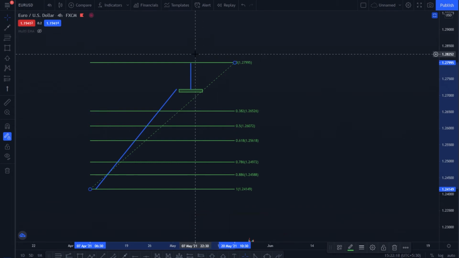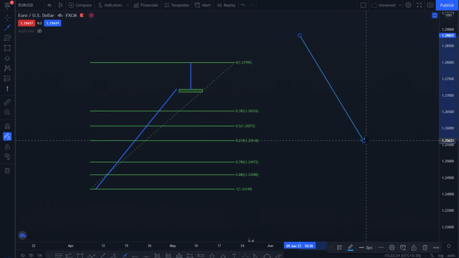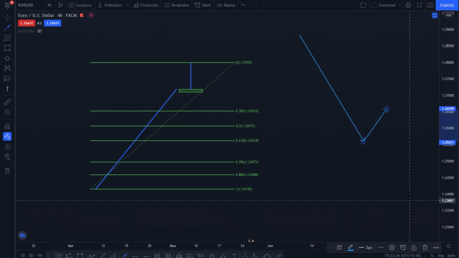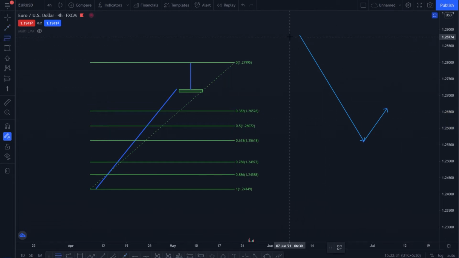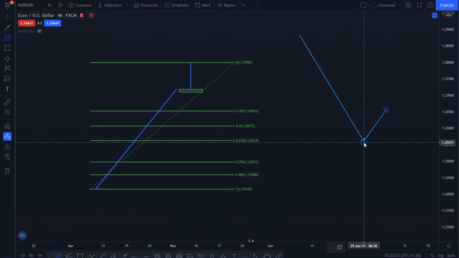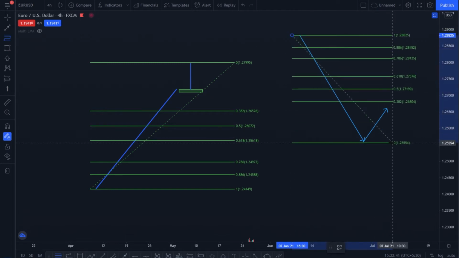If it is a downtrend, let me show you. This is the impulse move, and this could be the pullback. We take our retracement tool, and in this case the impulse move is going down, from swing high to swing low. So we will also draw the Fibonacci retracement tool from swing high to swing low.